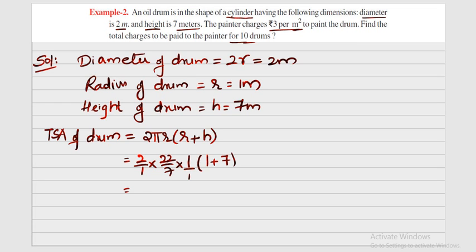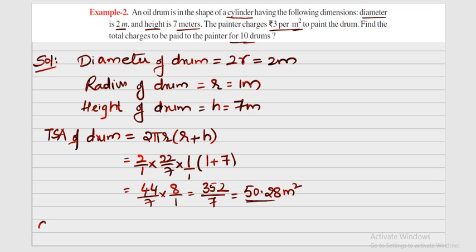Now on simplification, this becomes 44 by 7 into 8 by 1. So 44 by 7 into 8, which gives 352 by 7. So if I divide by 7, it goes 50.28 times, which gives me 50.28 meter square. So this is for one drum, right? So this is the TSA of one drum.